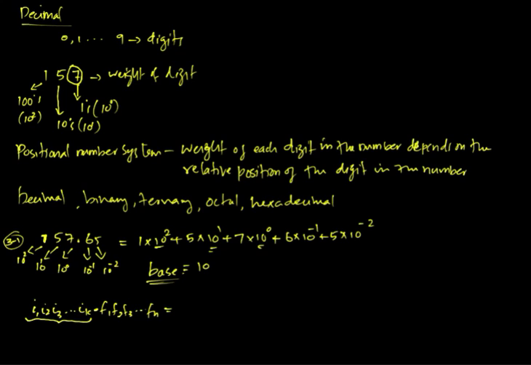So the first one, I1, will have a weight of k minus 1 power of its base.